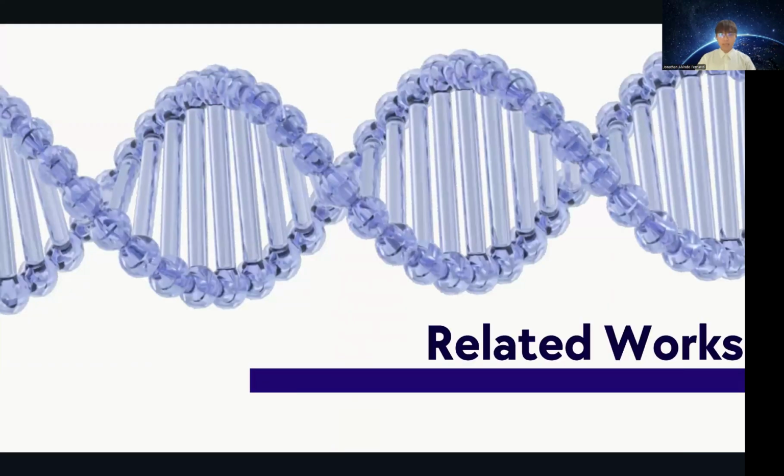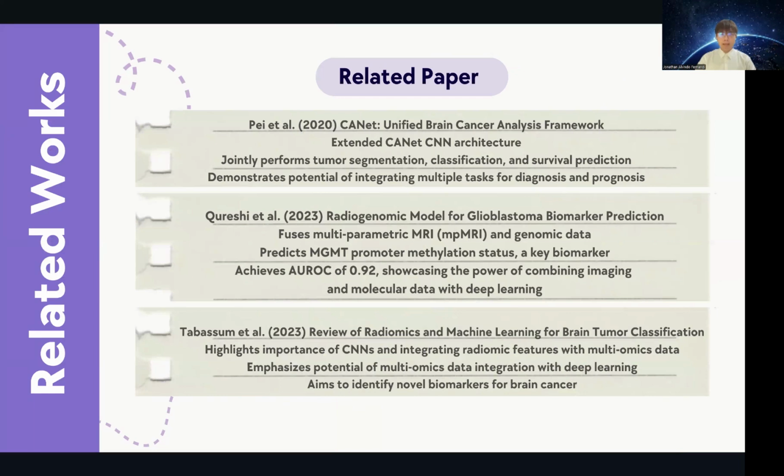Several recent works have made significant advances in applying deep learning to brain tumor analysis. For example, Pei et al. developed KENet, a unified framework for tumor segmentation, classification, and survival prediction using CNN methods. Qureshi et al. created a radiogenomic model that fuses MRI and genomic data to predict a key biomarker with high accuracy using CNN.